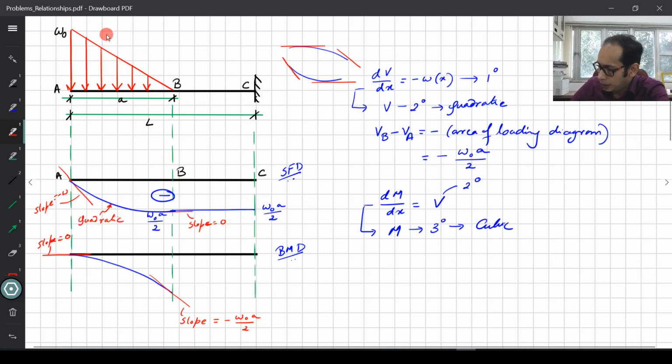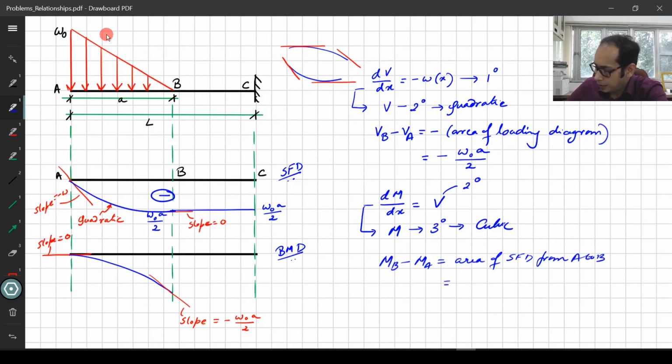The moment, say MB minus MA, will be the area of the SFD from A to B.